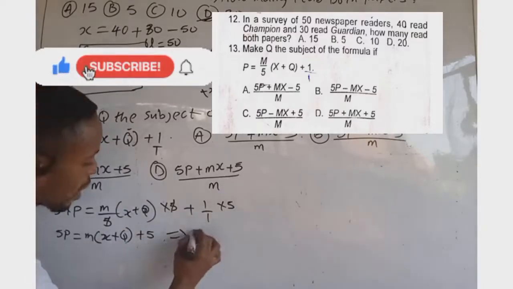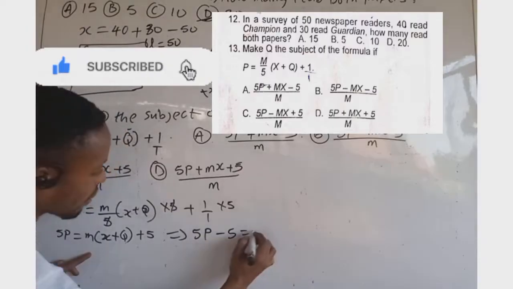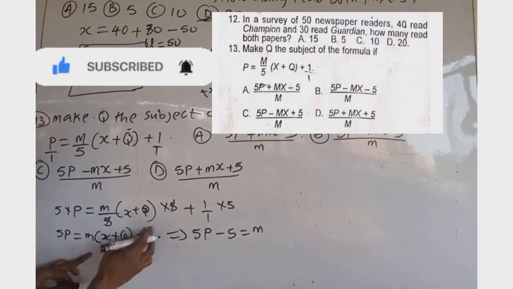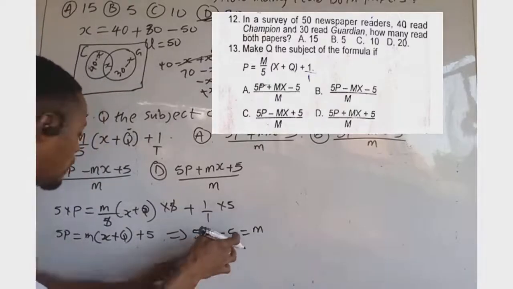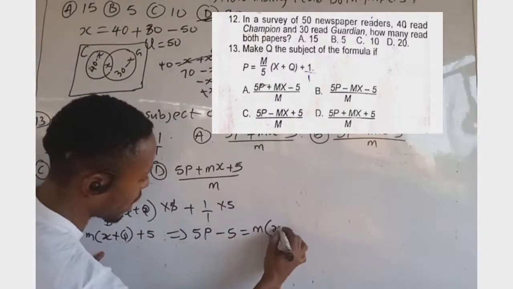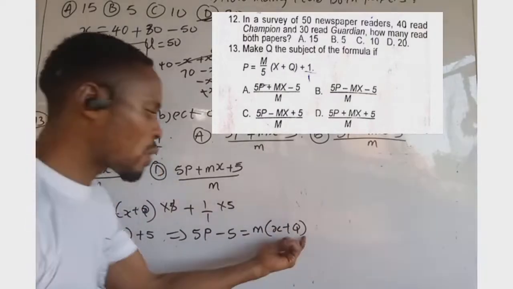So it's 5P minus 5 equal to m, because the plus changes to minus when it crosses over. So we have 5P minus 5 equal to m into bracket s plus q close bracket.